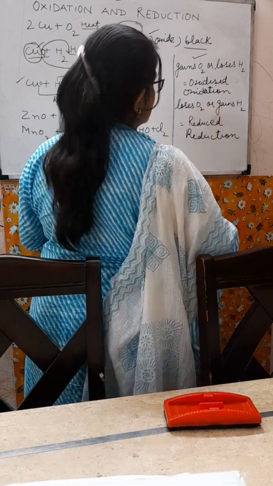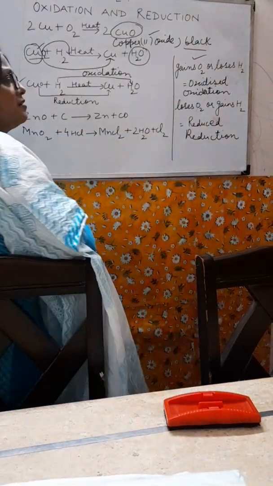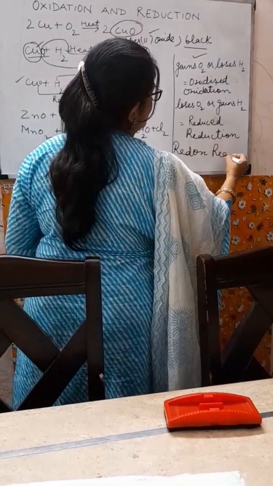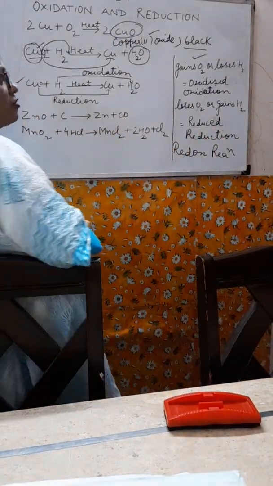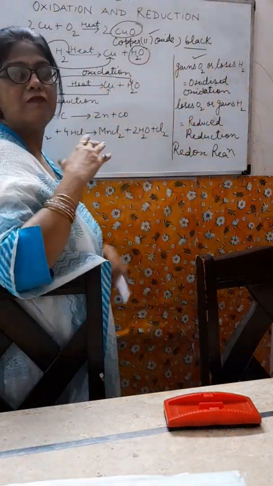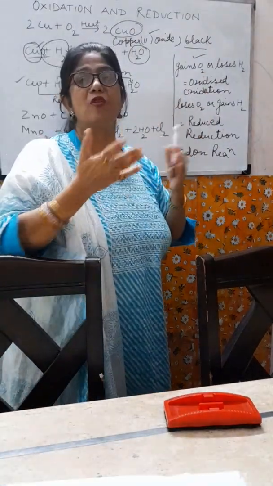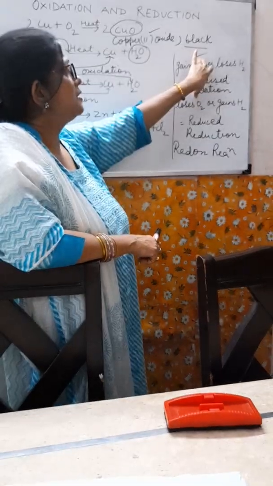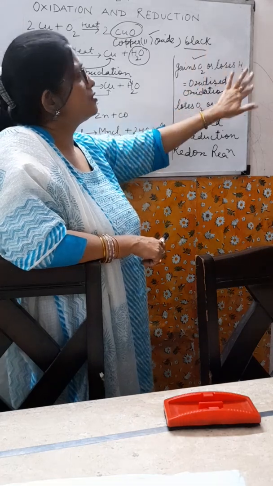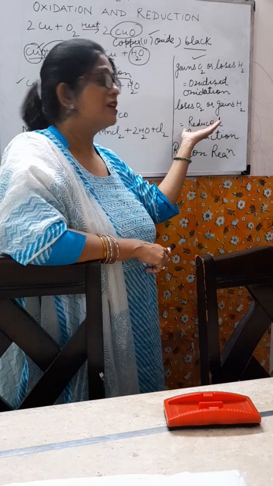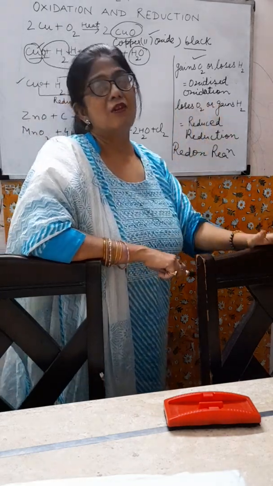Such reactions in which both oxidation and reduction are taking place are known as redox reactions. Learn this well: gain of oxygen and loss of hydrogen is oxidation, and the opposite, loss of oxygen and gain of hydrogen, is reduction. If you get confused about which had oxygen loss and which had addition, remember this.